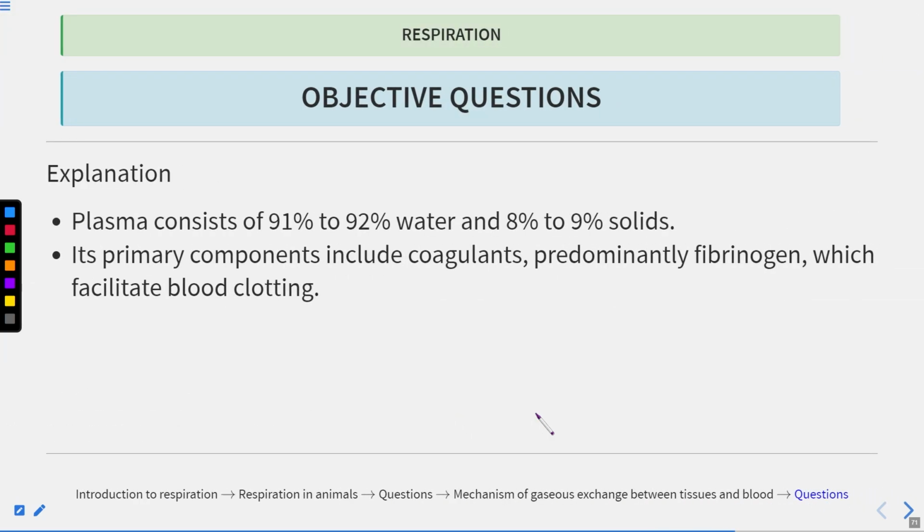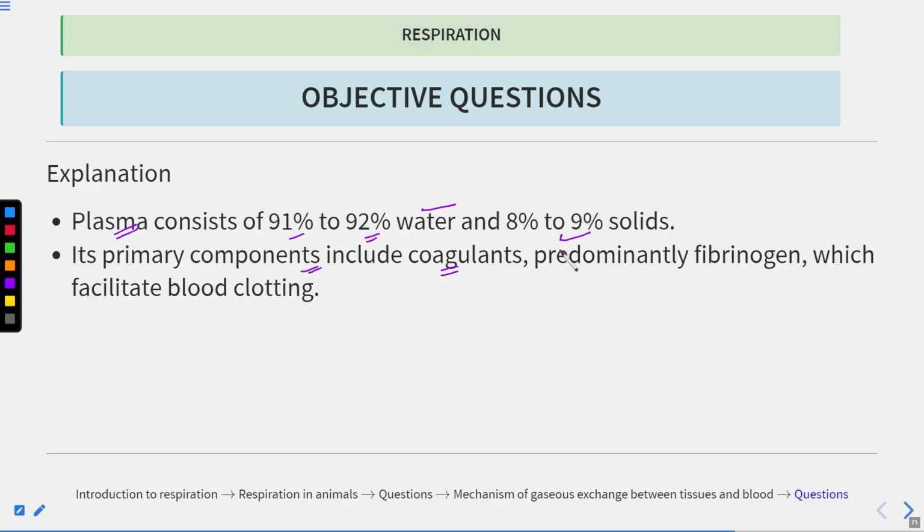Now next is the plasma. Blood has two components: one is the plasma, and the other is the cellular components. The cellular components consist of RBCs, WBCs, and the blood platelets. Plasma is made up of 91 to 92% water and the remaining 8 to 9% is solid. What are the components of the plasma?